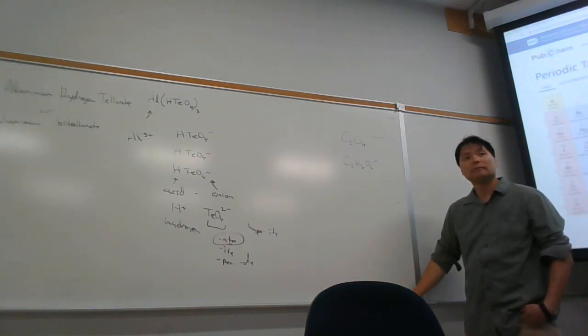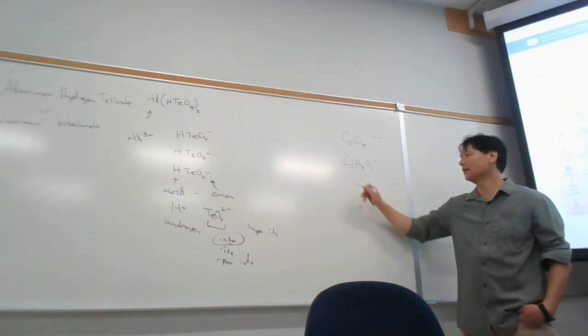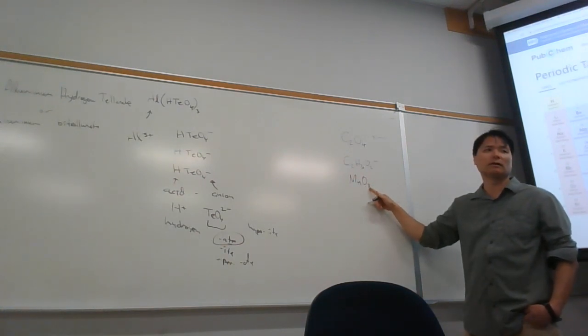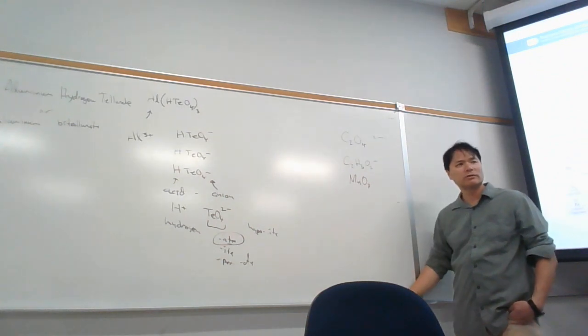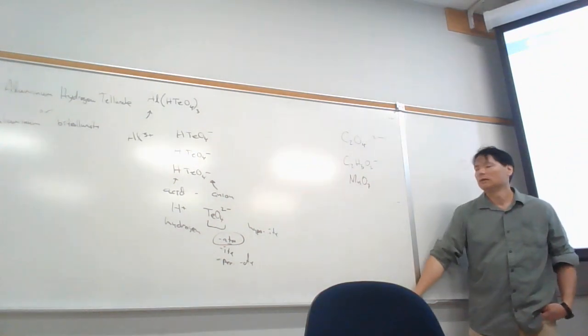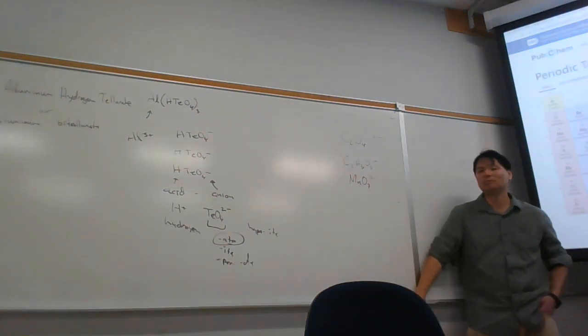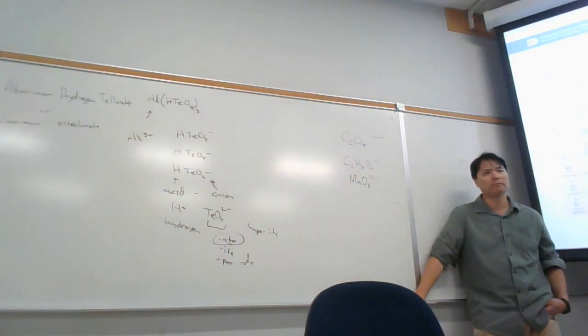What else? Permanganate. This one is difficult to remember. MnO7, and the charge. People always screw up the charge. For example, some people will put a 2 minus charge on permanganate, but that's wrong.